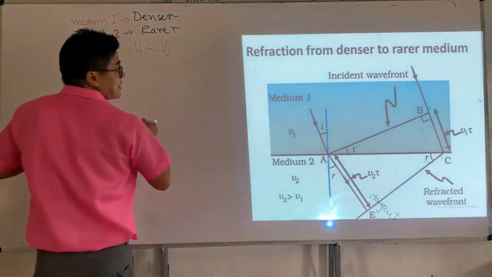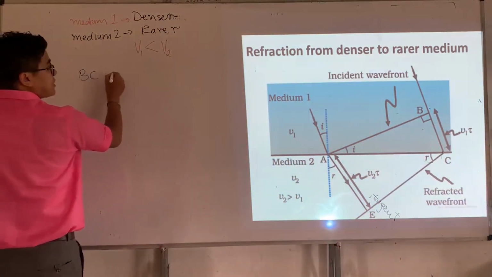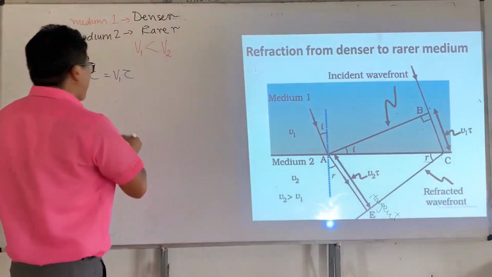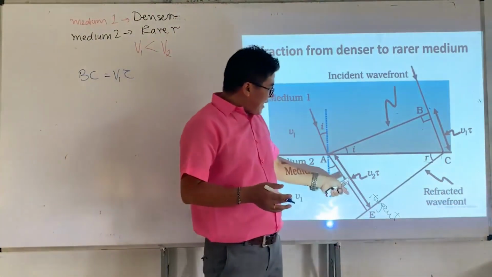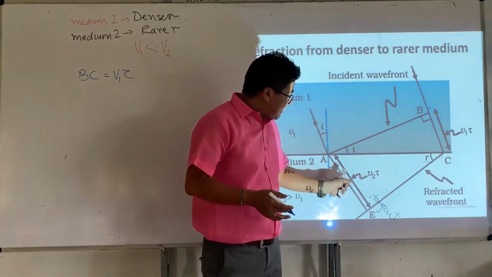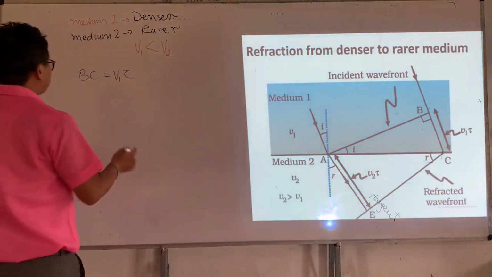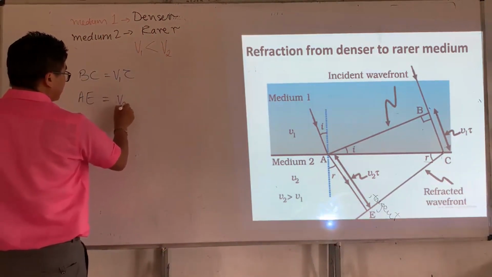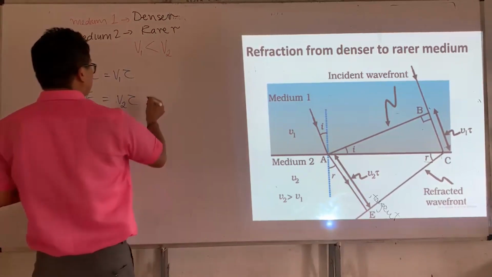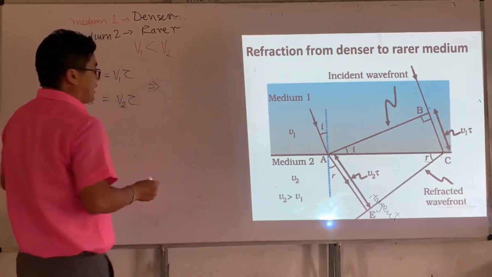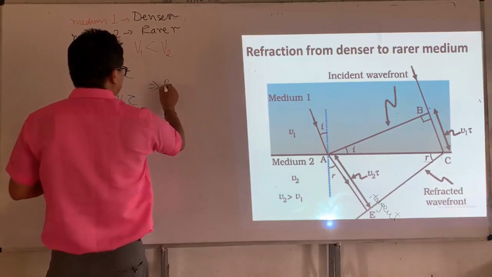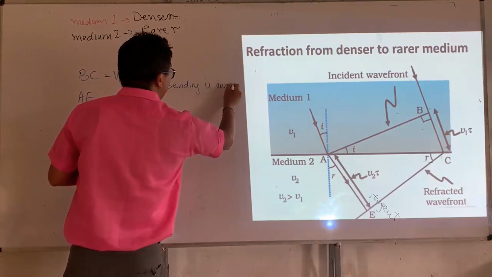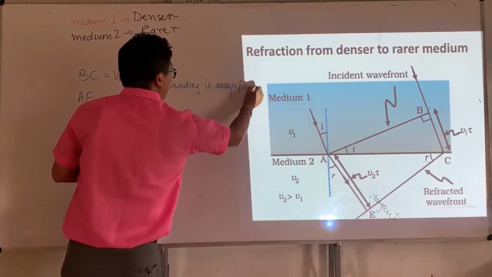Now when the light enters the second medium, the wave travels a little faster, so the distance AE is going to be greater, which implies that the bending is away from the normal.